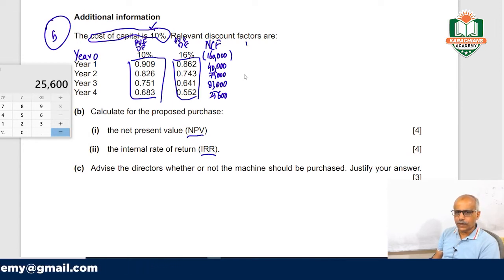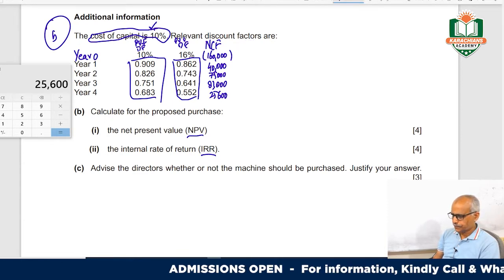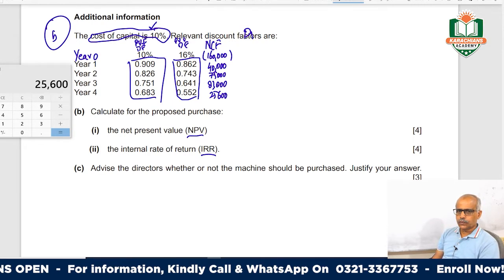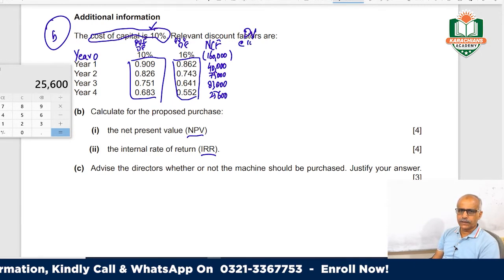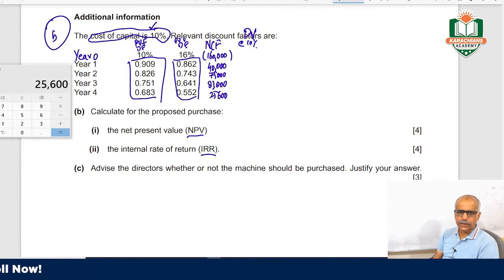So then we will calculate present value at 10%.